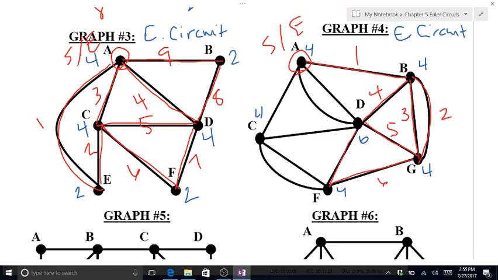I'm going to go back to D, that's 7. Over to C, that's 8. Across to F, that's 9. Back to C is 10. Up to A is 11. Down to D is 12. And back to A is 13.